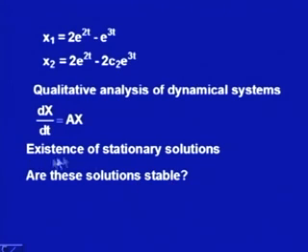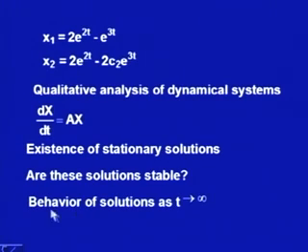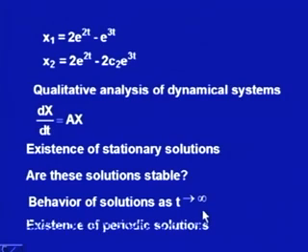So, if the stationary solutions exist, are they stable, or what is the behavior of solutions as t tends to infinity, and is there any possibility that this system has periodic solutions. So, when we discuss qualitative behavior of dynamical systems, we are actually trying to answer these questions, and these questions can very easily be answered with the help of eigenvalues and eigenvectors related to this differential system.